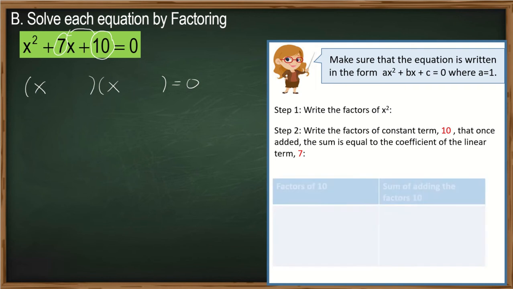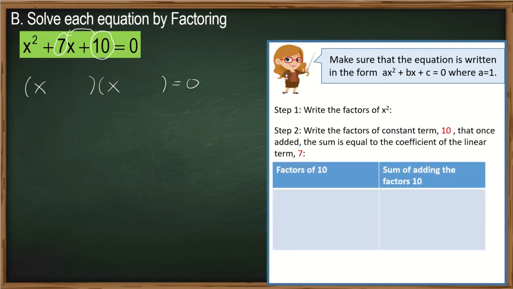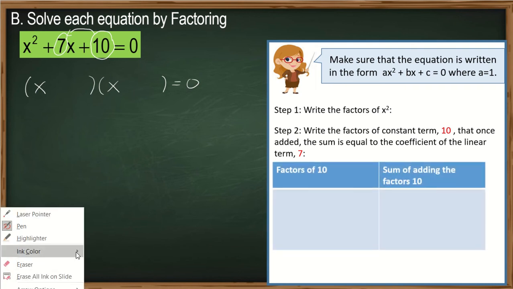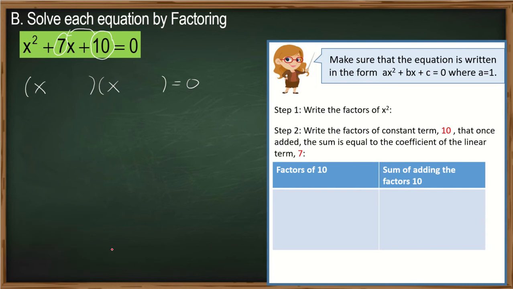So, we can have this working area. Okay? Say, ano ang factors ng positive 10? We have possible factors are 5 times 2, negative 5 times negative 2, okay? We could also have negative 10 times negative 1 or positive 10 times 1. Okay, try natin.